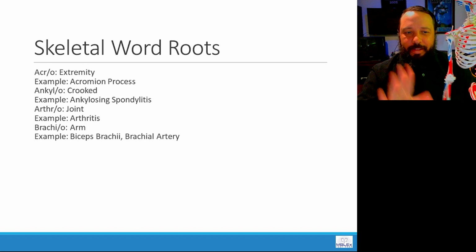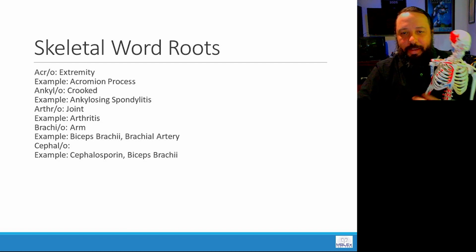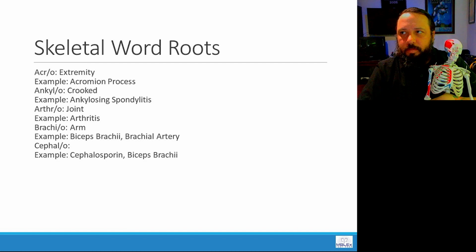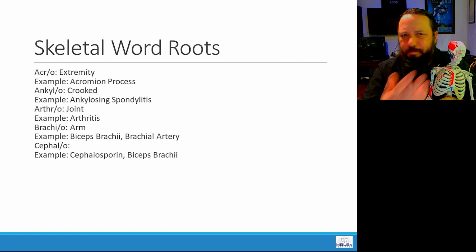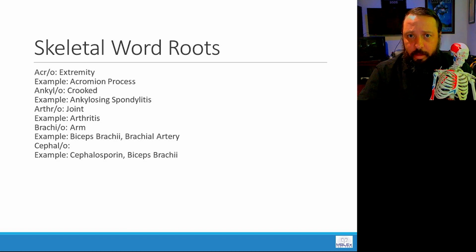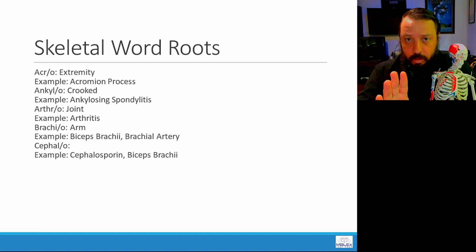Anyway, cephalo, like cephalosporin. Biceps brachii, sep, kind of matches with this sep, C-E-P. So sep and cephalo mean the same thing. Encephalitis. Remember, we talked about encephalo with the nervous system.